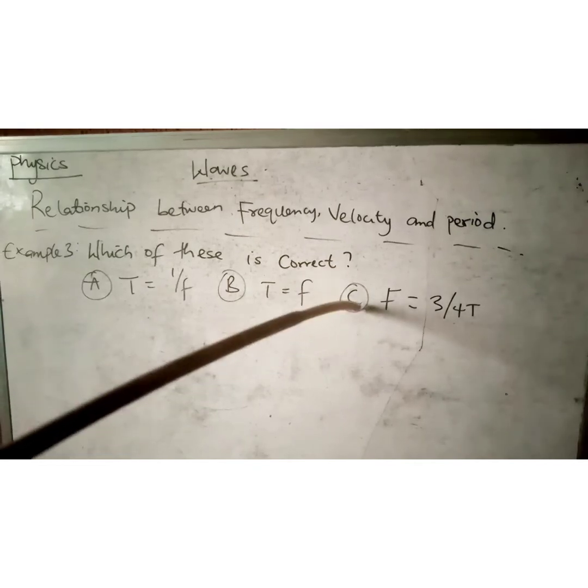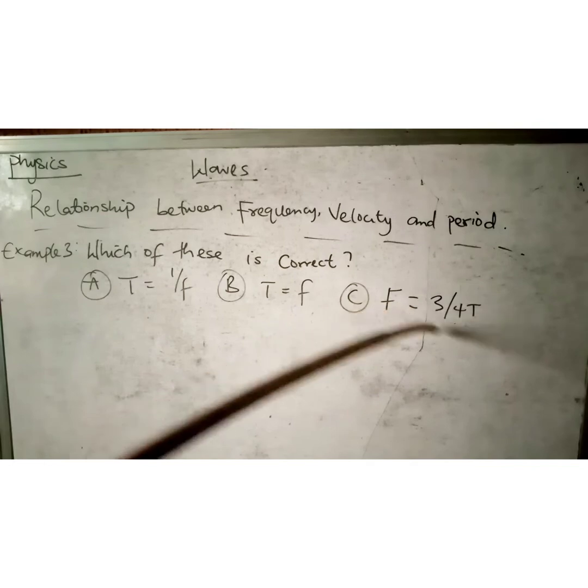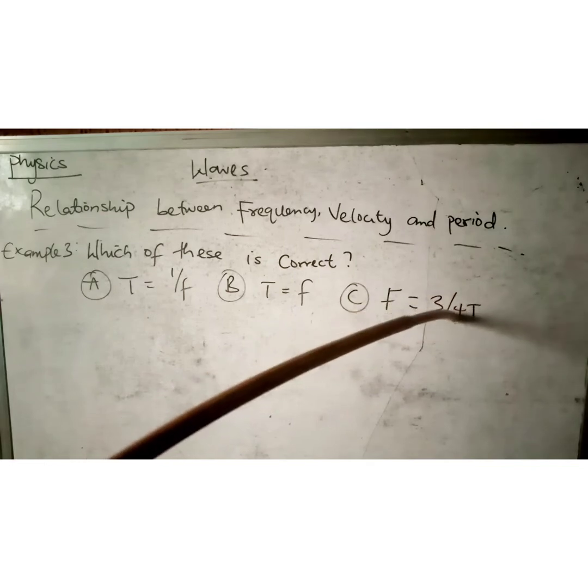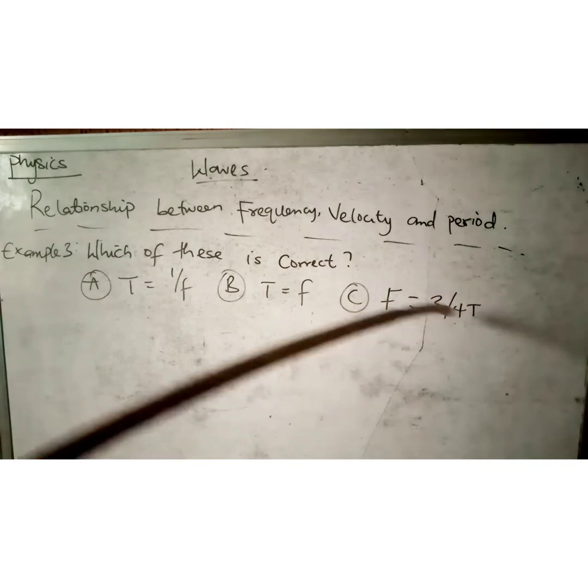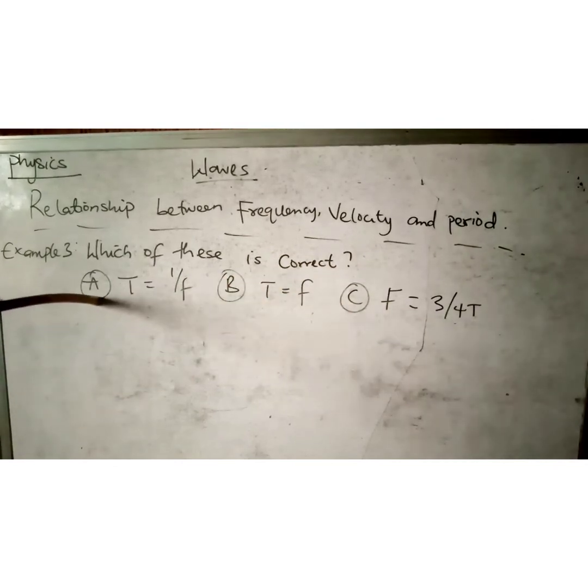And option C says frequency F is equal to 3 over 4T. So which of them is correct? The correct answer is A, that T, which is the period, is equal to 1 over frequency. So option A is correct.